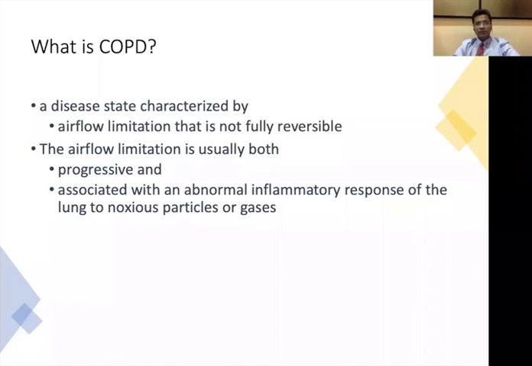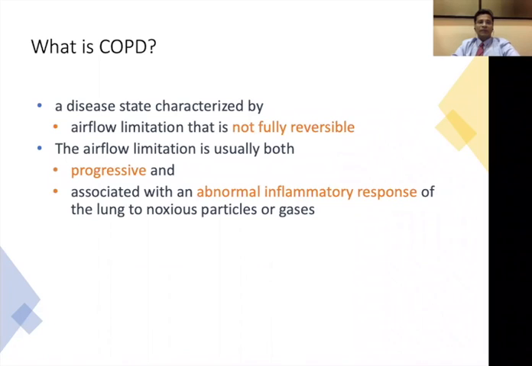And it is associated with an abnormal inflammatory response. So this is also a chronic inflammatory disease, just like asthma. And that inflammatory response of the lung is due to exposure to various noxious particles or gases. The most significant one is tobacco smoking.